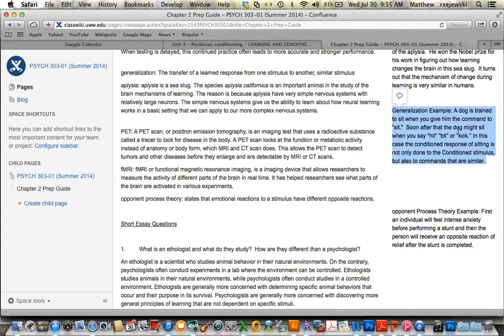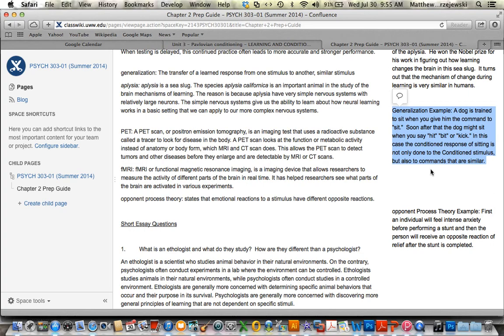So again, we're going to classify stimuli as conditional stimuli, unconditional stimuli, but then we're also going to talk later on in the semester about discriminative stimuli. Discriminative stimuli are associated with operant behavior, that is, behavior that's reinforced. As you'll notice in the reflexes, there's no reinforcement involved. There's no punishment involved. There's no consequence of the action.